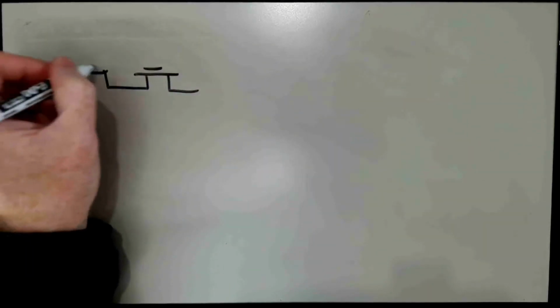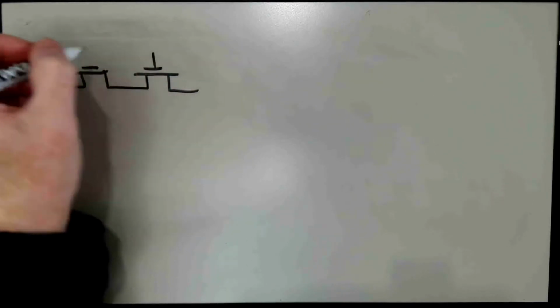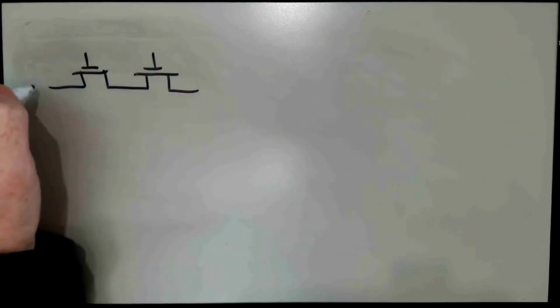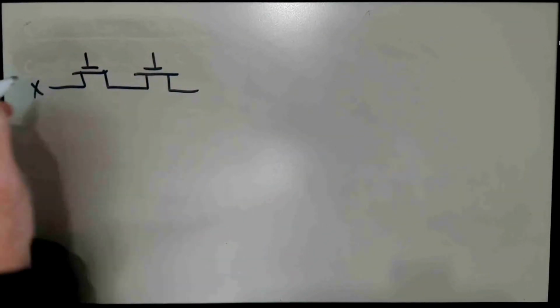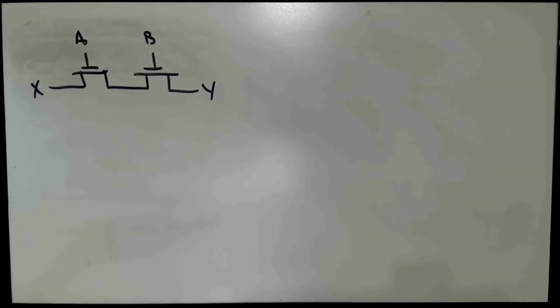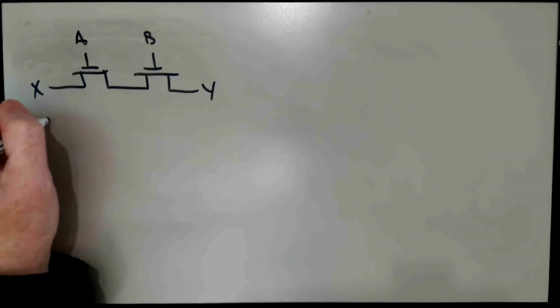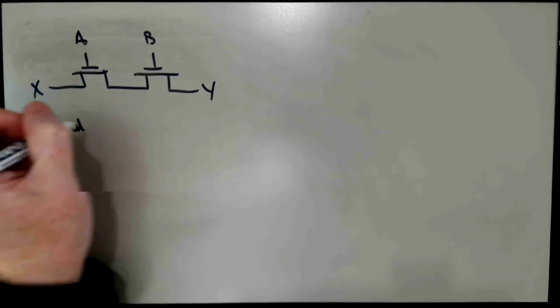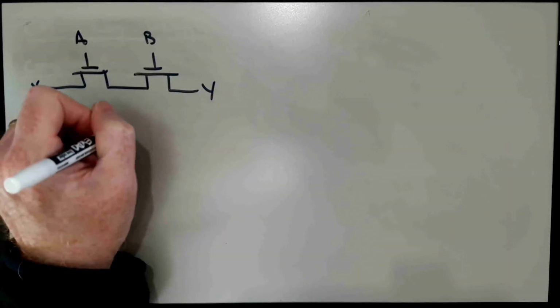Well, how about something like two NMOS transistors connected in series? So we have X over here and Y over here, and we'll have A in the gate of this one and B in the gate of this one. Well, here X and Y are connected.